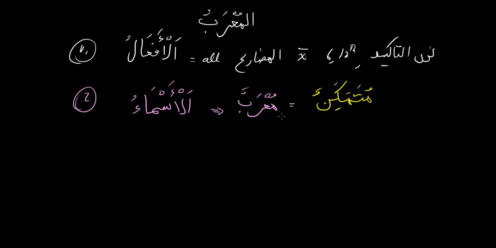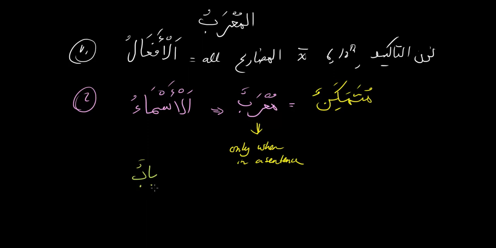Another point that's made over here is that a noun is mu'rab only when used in a sentence. So if it's sitting by itself, it's mabni, like in the title of something. Like if I just write babun or something like that, it's mabni. It's by itself.